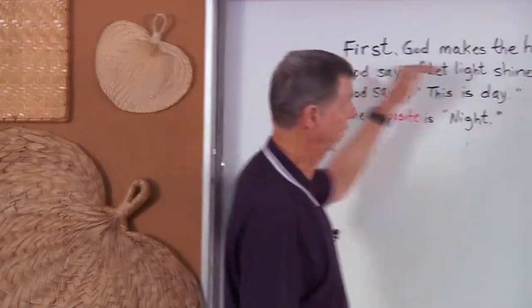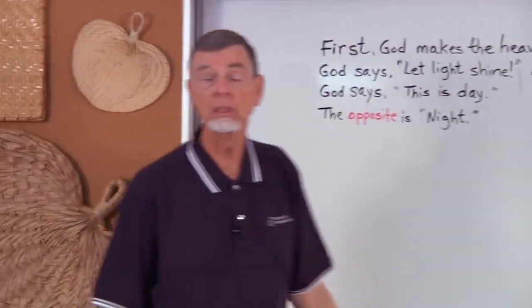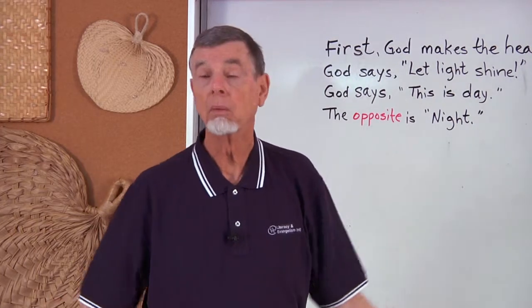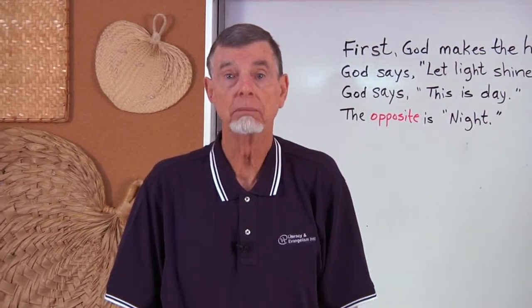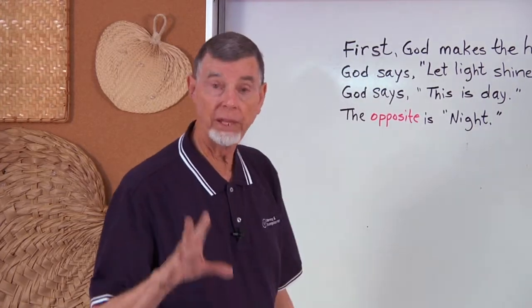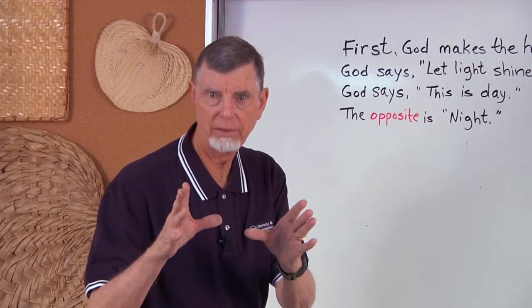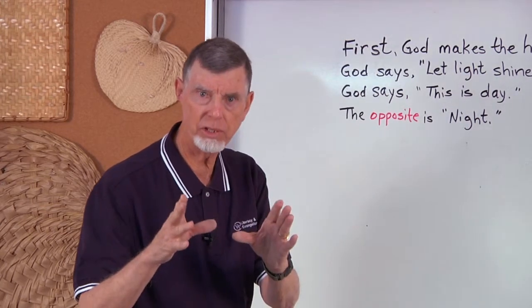So you read it through, and then the discussion question is, what does God make? What does God make? And then if they don't know the answer, do not tell them the answer.